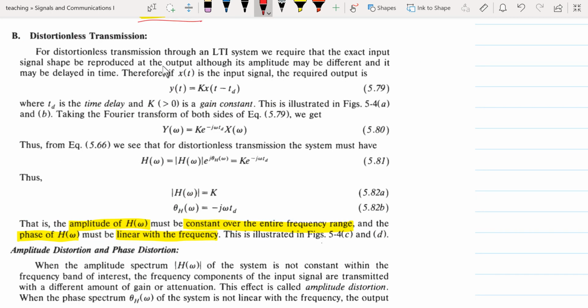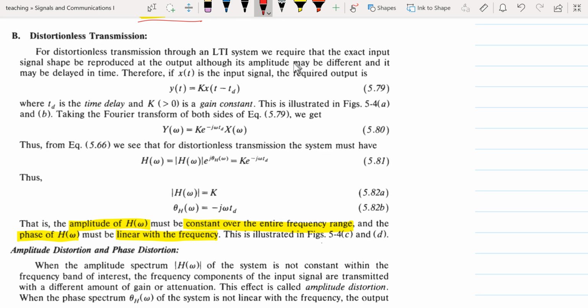For a distortionless transmission through an LTI system, we require that the input sent to the system is reproduced at the output, although the amplitude may be different or the time may be delayed.